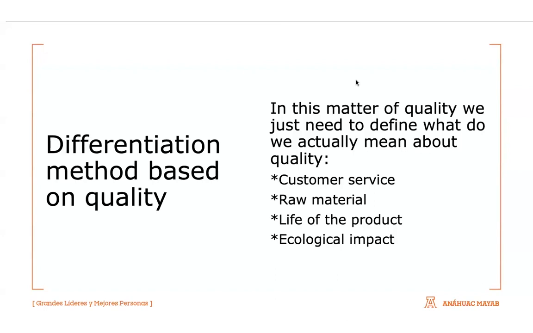We have to know what they're expecting, what we are providing, and if it's perceived as a quality aspect. Because it's not the first time that some companies, due to this misinterpretation, make more effort in something, and at the end, it's not perceived as a differentiation for the company.